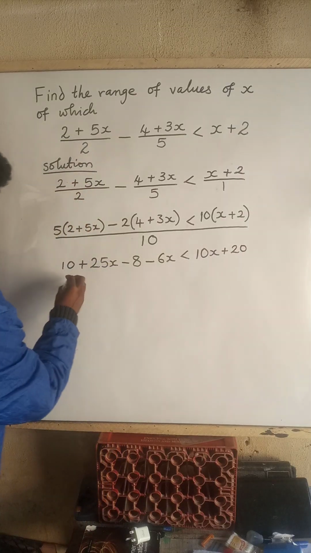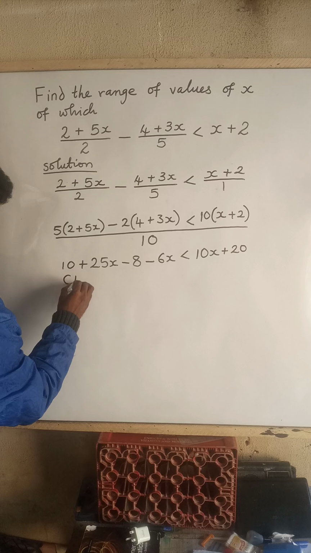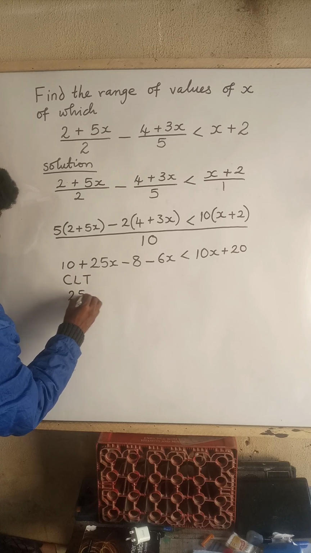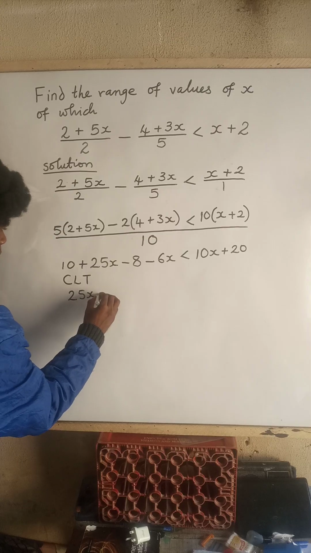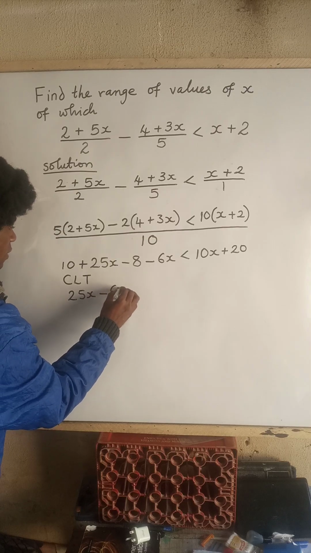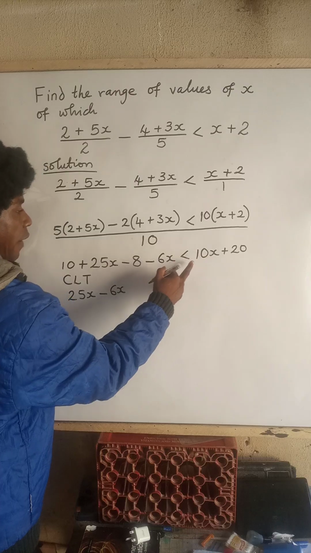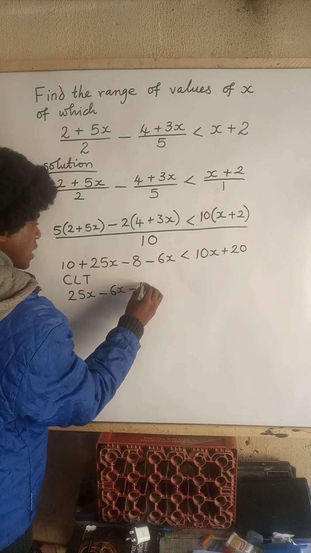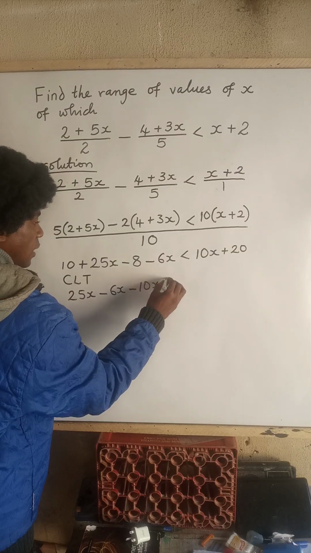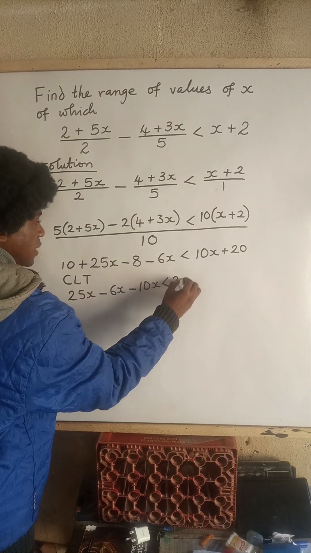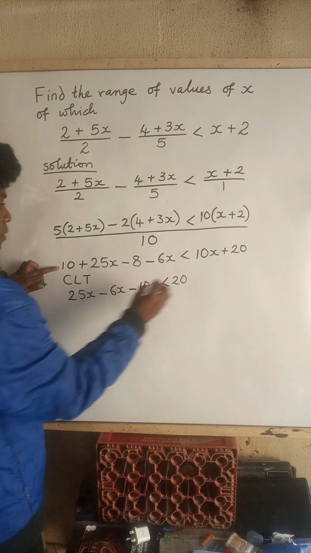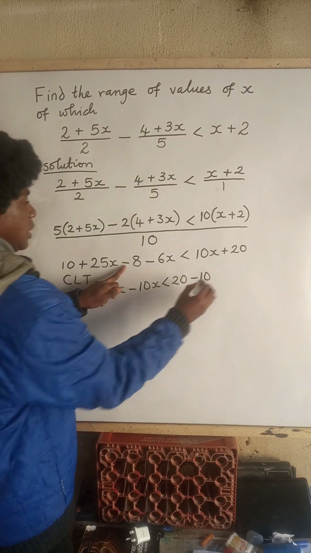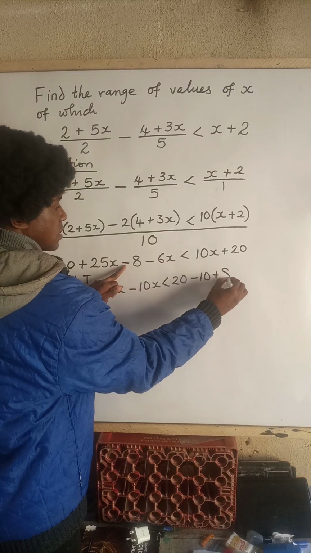So the next thing I will do is collect the like terms together, which is 25x minus 6x. When 10x crosses the inequality sign, the sign will change to minus. We now have minus 10x less than 20, minus 10 plus 8.